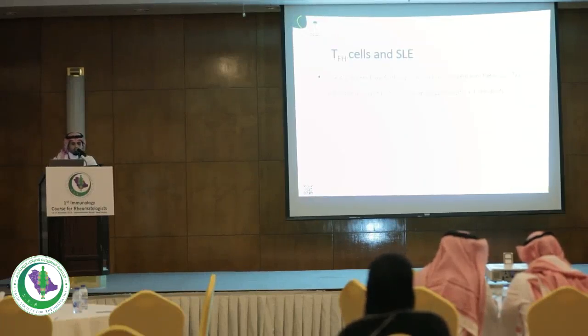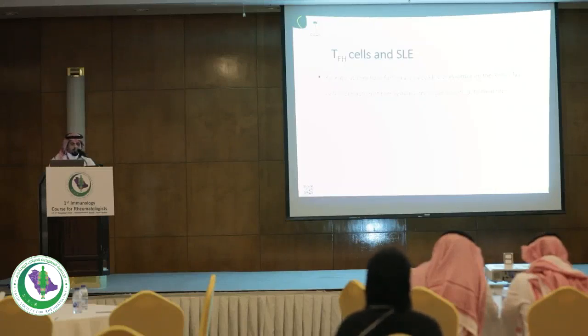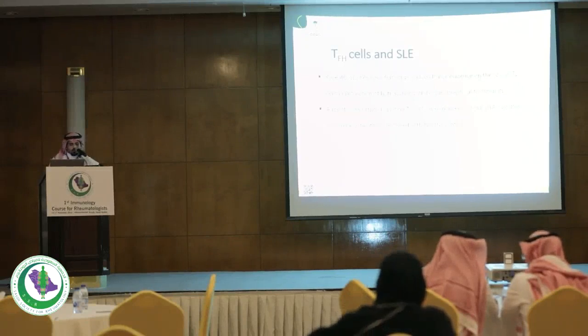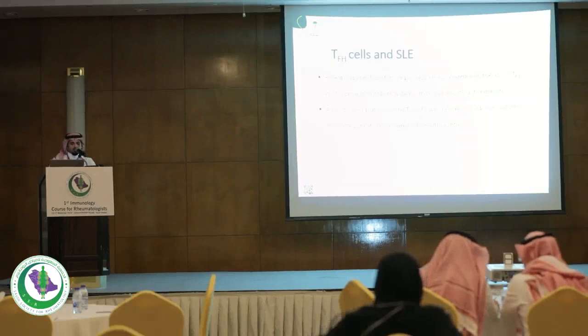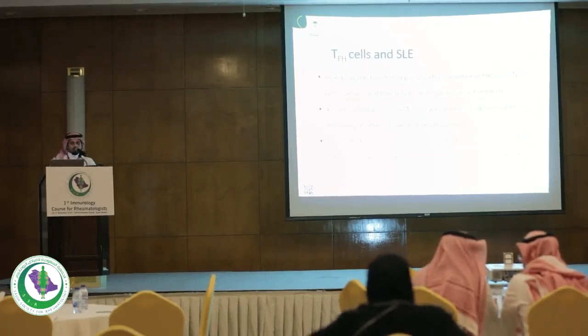Recent studies have provided clearer evidence on the role of T follicular helper cells in promotion of both systemic and organ-specific autoimmunity. One report showed that circulating T follicular helper cells were increased in SLE and Sjogren syndrome patients compared to healthy controls.